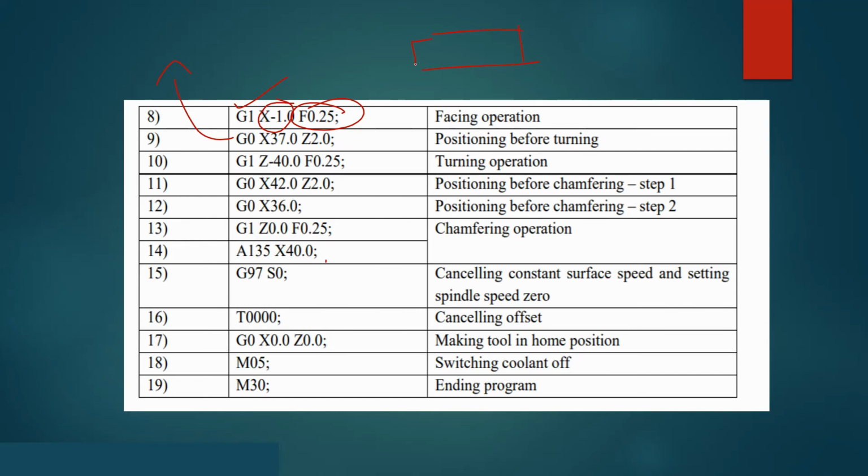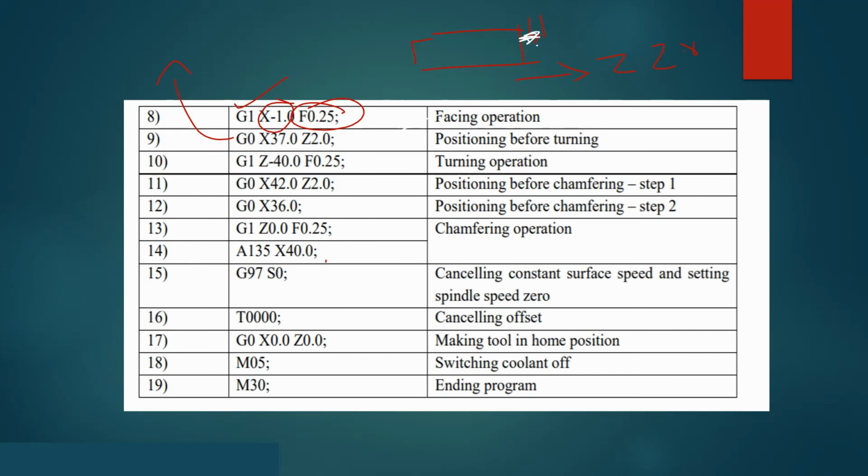Already 40 mm is there. We have to remove down to 37 mm. Then we give in the Z direction 2.0. That means the tool will come here and be placed in front of the job. This is the reason we give G0 X37.0 Z2.0.